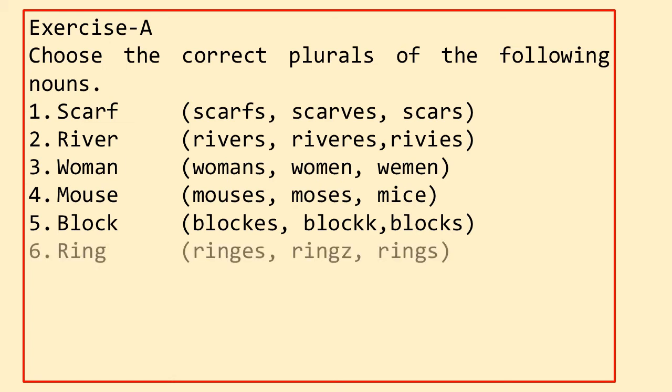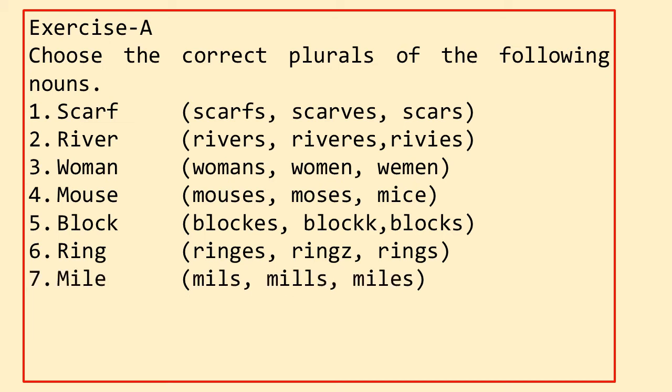Number 6, ring, R-I-N-G-E-S, R-I-N-G-Z, and R-I-N-G-S. Number 7, mile, M-I-L-E. The words given in the bracket are M-I-L-S, M-I-double-L-S, or M-I-L-E-S.